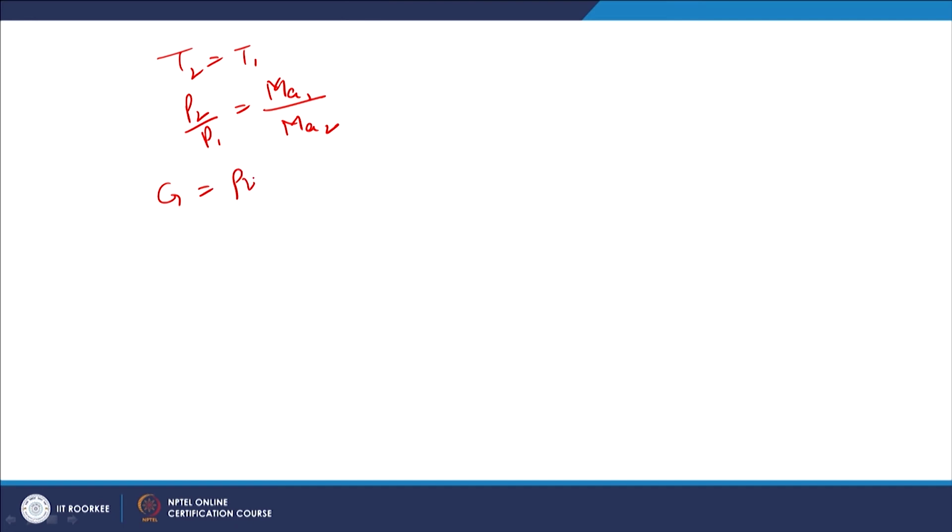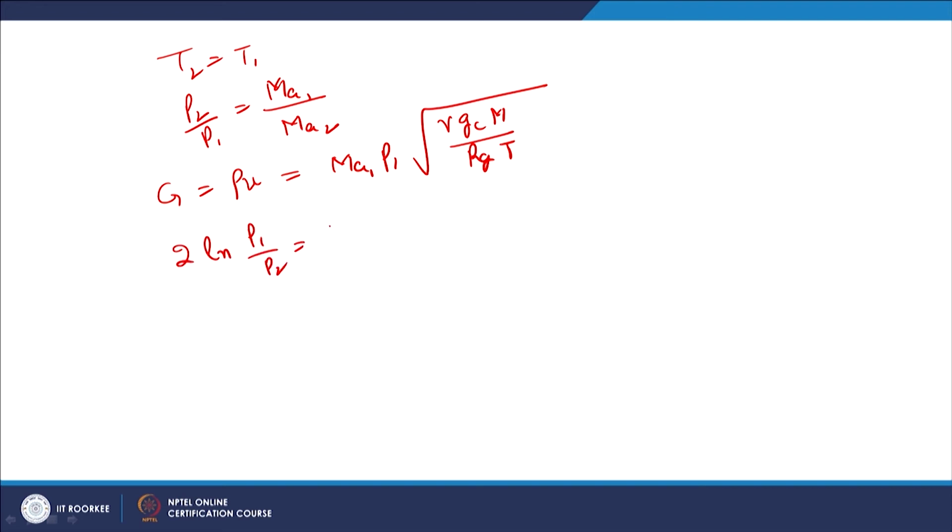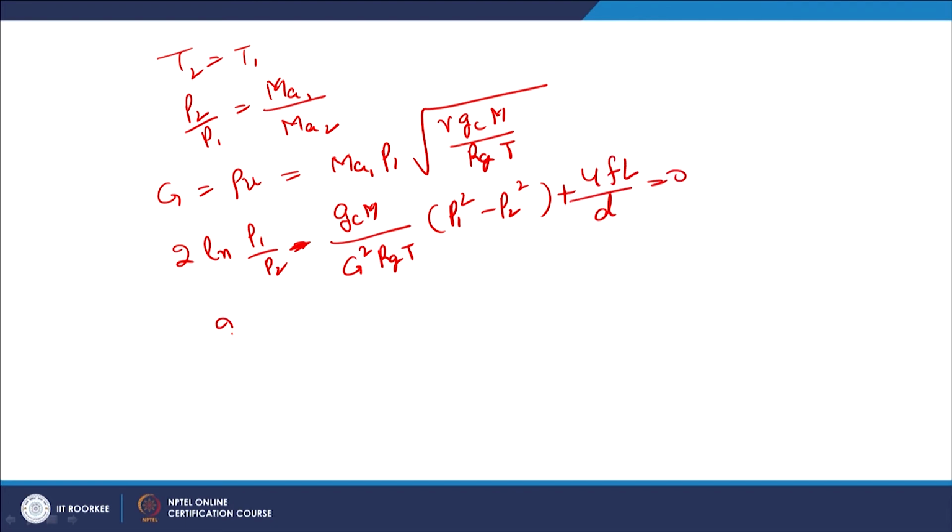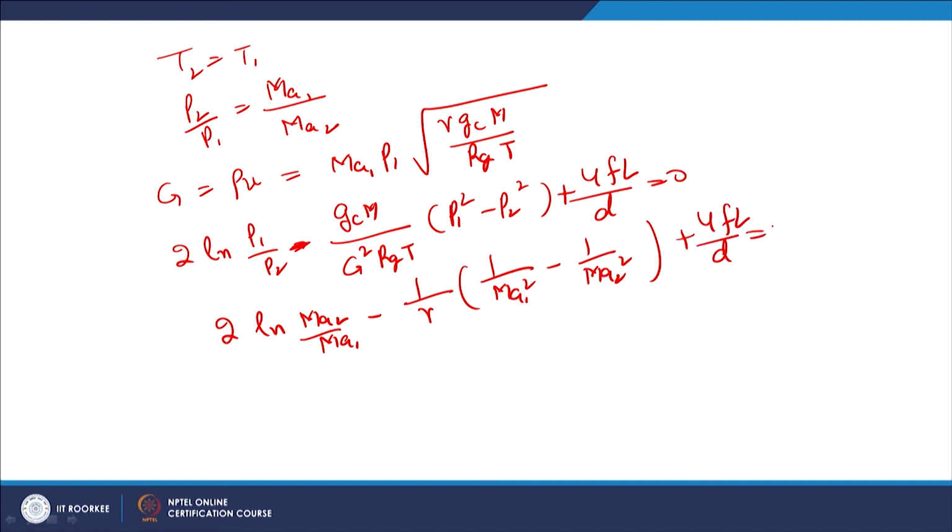Now G is equal to rho U, equal to Ma1 P1 times the square root of γ gc M/Rg T, or 2 ln(P1/P2) minus (gc M/G² Rg T)(P1² minus P2²) plus 4FL/D is equal to 0, or 2 ln(Ma2/Ma1) minus (1/γ)(1/Ma1² minus 1/Ma2²) plus 4FL/D is equal to 0.